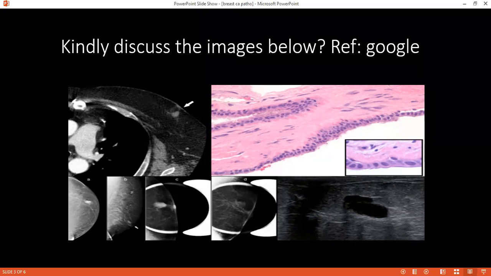The D is a mammography. A, B, C, D are mammographic pictures, and above that there is a thing which shows us a lesion, a speculated mass. The arrow shows a speculated mass within the glandular type structure.